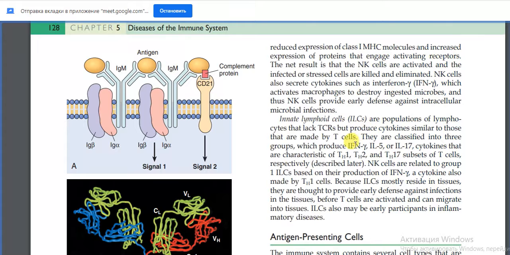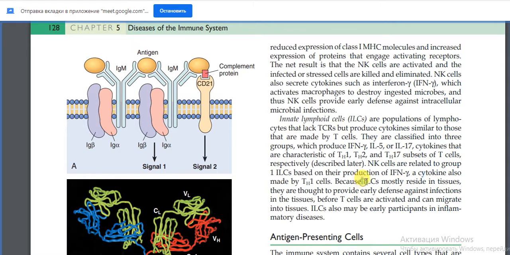They produce interferon gamma, interleukin 5, interleukin 17, cytokines that are characteristic of T helper 1, T helper 2, T helper 17 subsets of T cells. Later we will describe it, of course. So NK cells are related to group 1 ILCs, based on their production of interferon gamma, a cytokine also made by Th1 cells. So this interferon gamma is produced by T helper 1 cells.